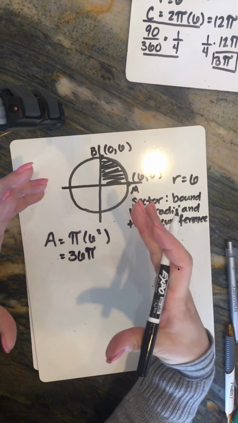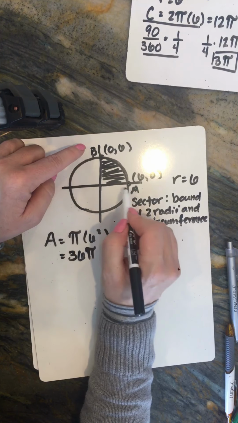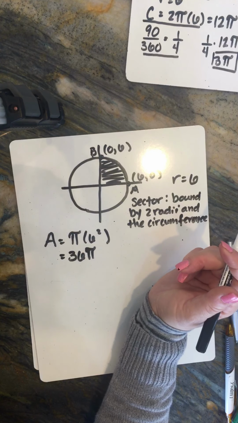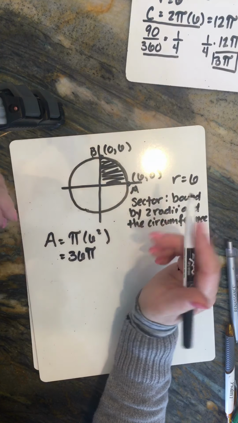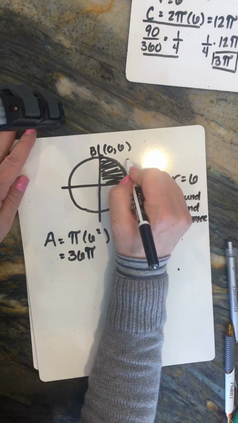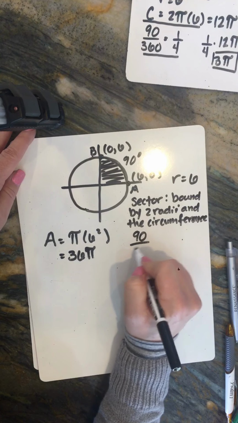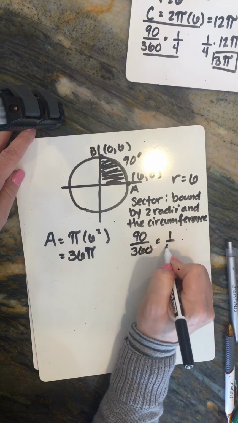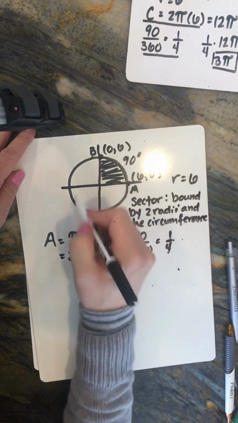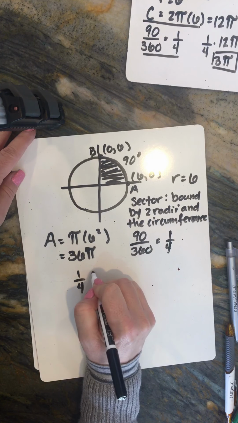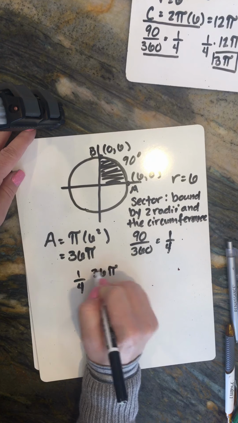But we don't want the whole circle, we just want this sector. So let's figure out what portion of the circle are we talking about? What ratio of the circle do we want? Well, remember, this is 90 degrees. So 90 out of 360 is 1/4. So we only want 1/4 of the entire circle. So 1/4 times 36 pi.